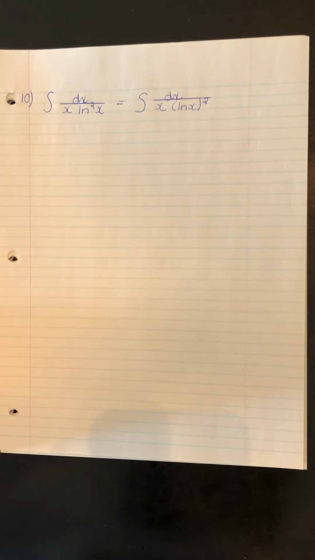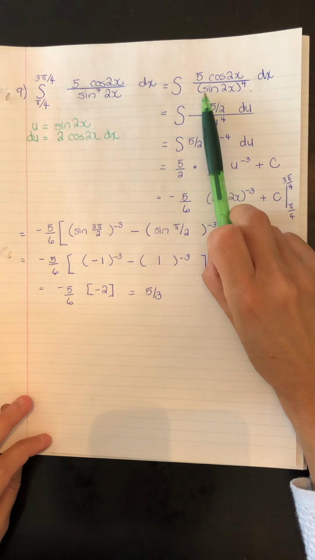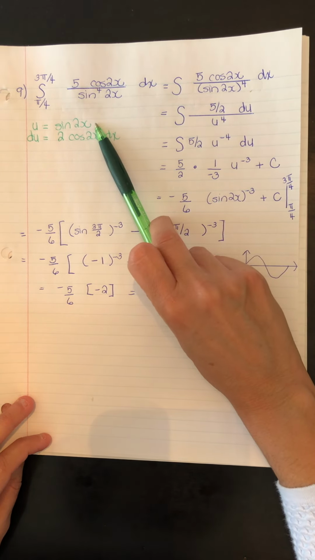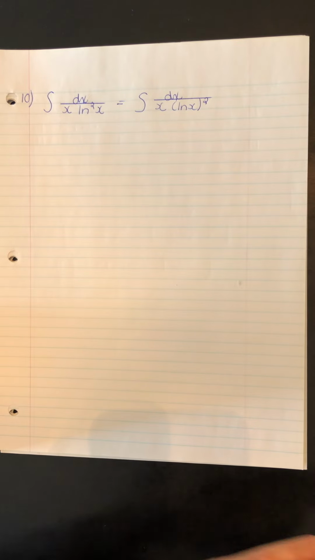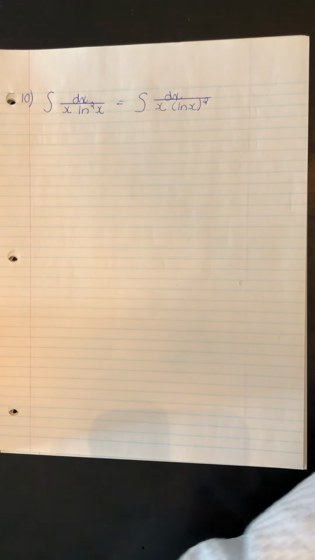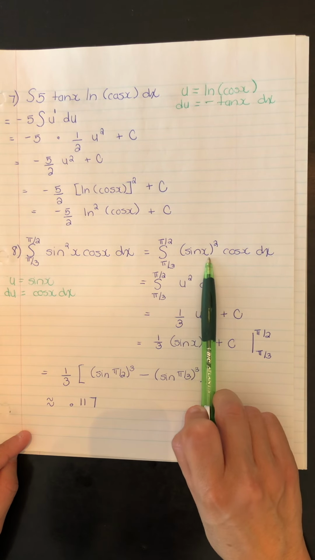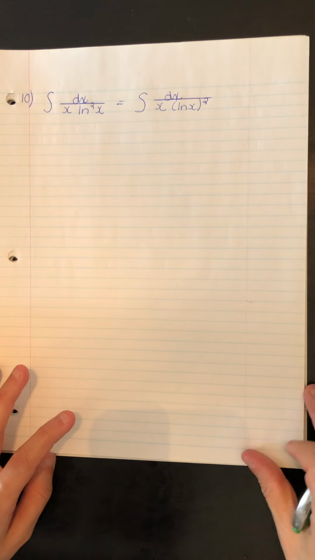So using some strategies that we employed, we used that strategy here in number 9. We called the inside of the bracket our u, right? We did that in number 9, and not only in number 9, but also here in number 8, okay?